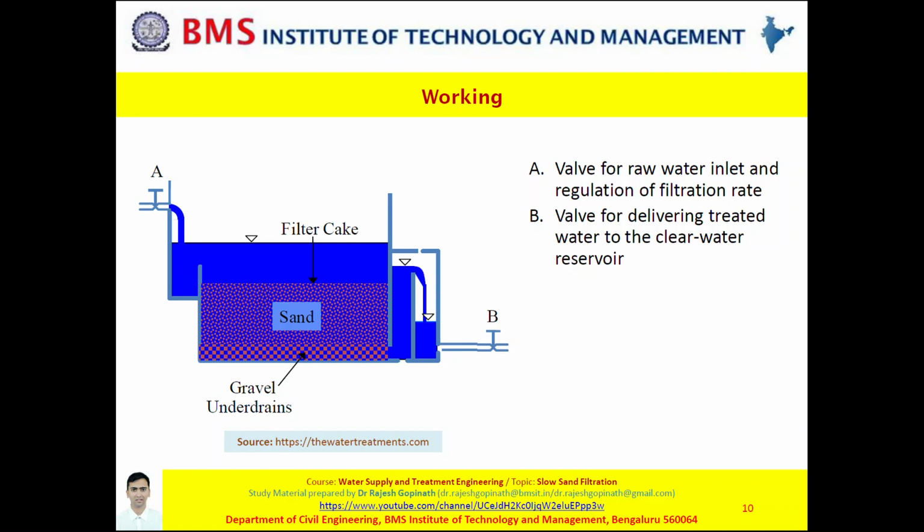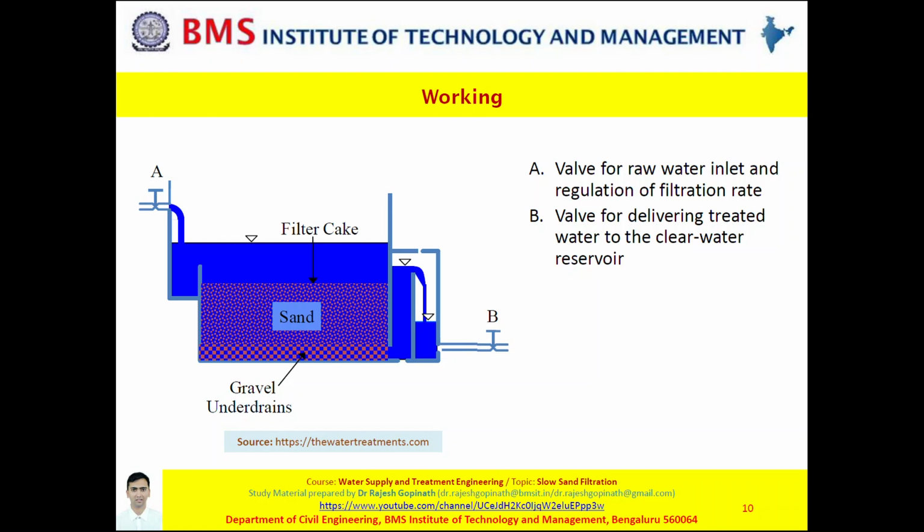I shall repeat once again. The simplest operation possible in any filter is in the context of slow sand filters. The water which has come from sedimentation enters the inlet chamber through valve A. Here, the water gradually rises, allowing settlable solids to settle down, and then the overflow enters the second chamber, which is the actual filter, also called the filter chamber.